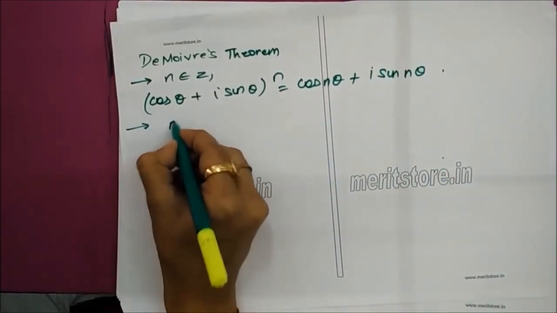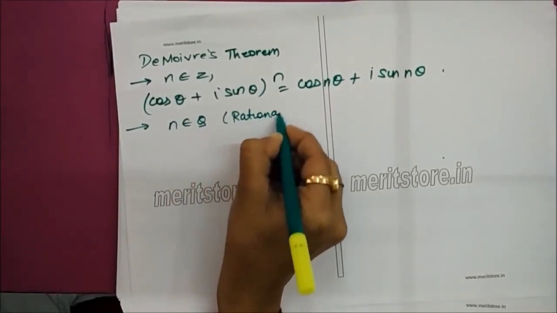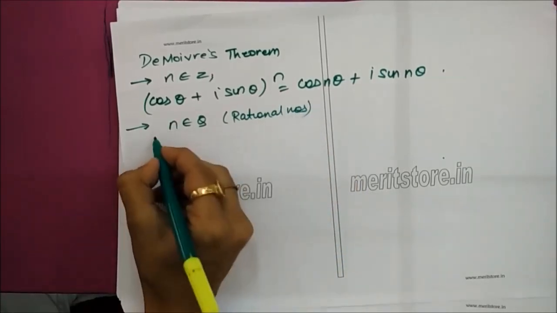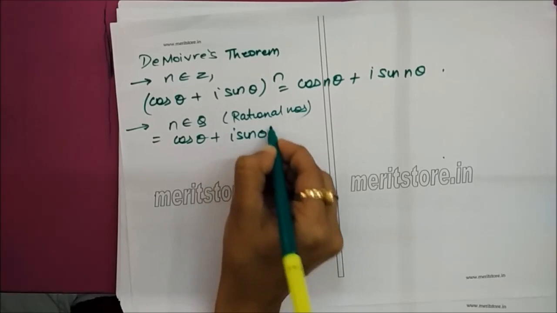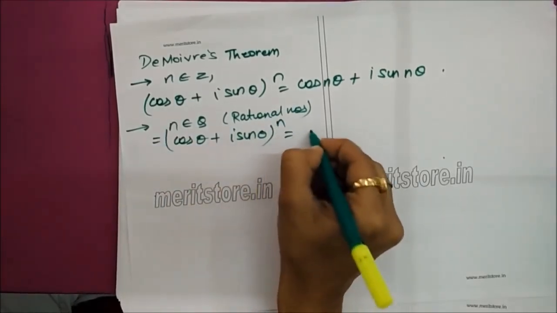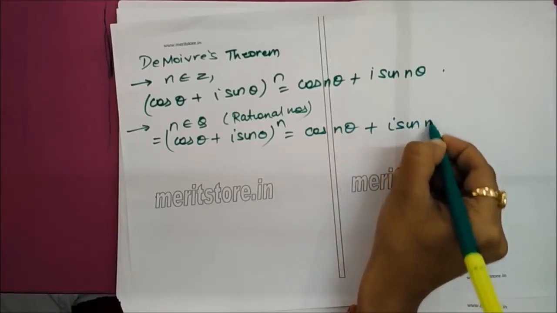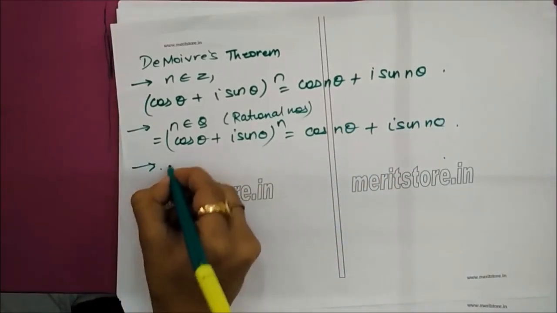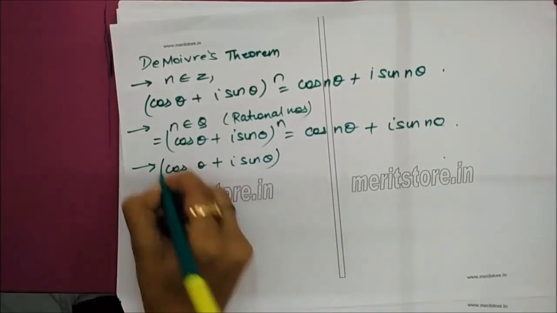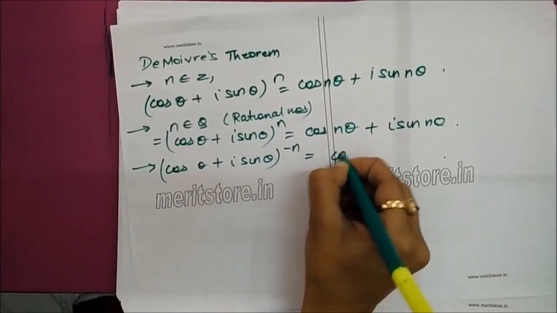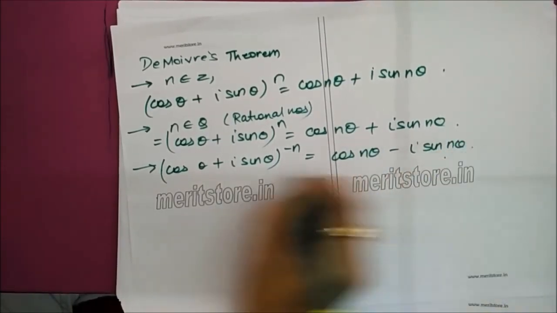Next, if n belongs to Q, that is all rational numbers, then what you get is cos theta plus i sin theta raised to n is equal to cos n theta plus i sin n theta. Cos theta plus i sin theta raised to minus n is equal to cos n theta minus i sin n theta.